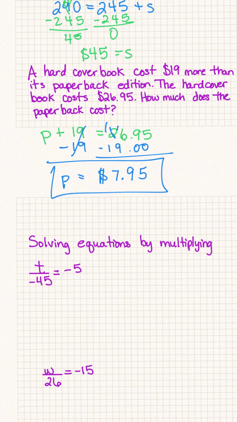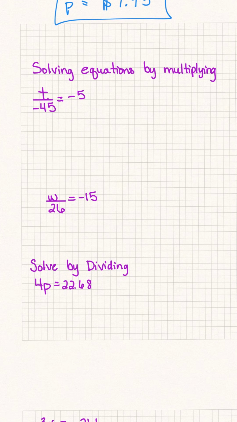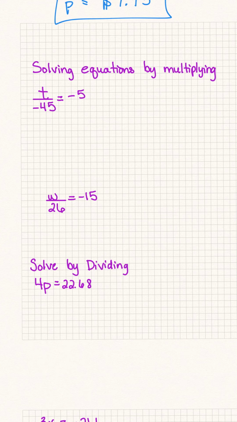Now solving equations by multiplying. We have t divided by negative 45 equals negative 5. We notice that t is being divided. The opposite of division is multiplication, so we want to multiply this side by negative 45. Whatever we do to this side, we have to do to this side.